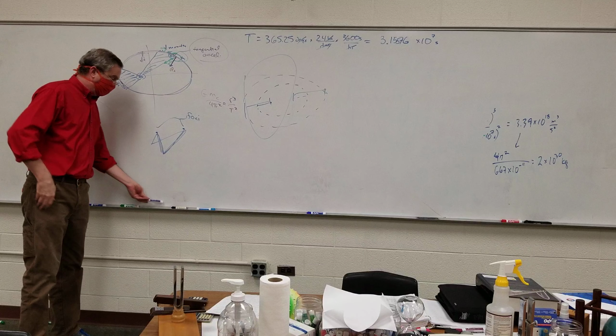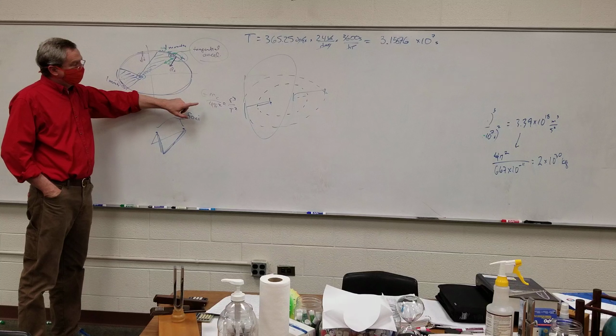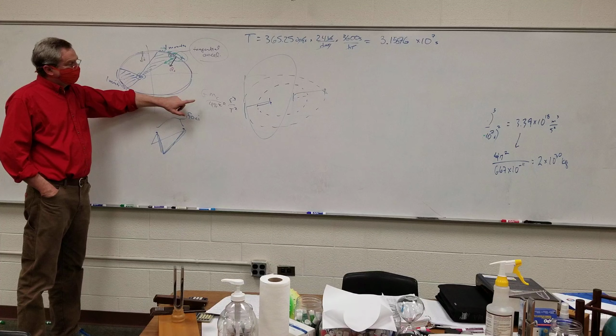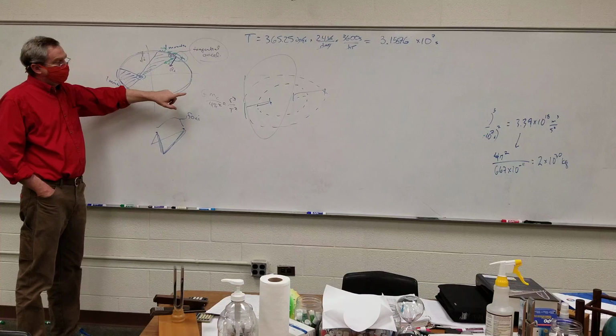Big G is a constant. It doesn't change. Gravitational pull changes as we get farther away and closer. What happens between the gravitational constant that keeps it constant rather than the gravitational pull that changes?